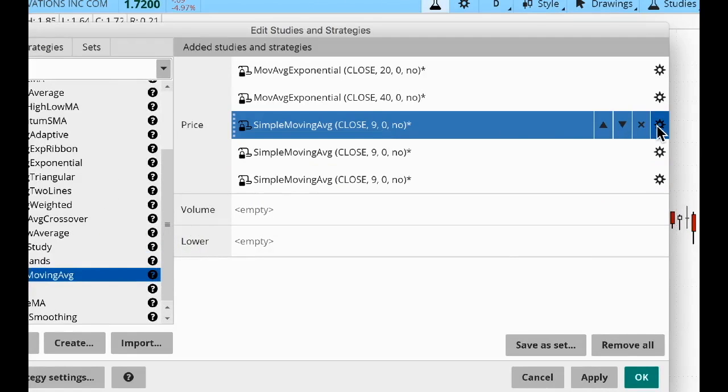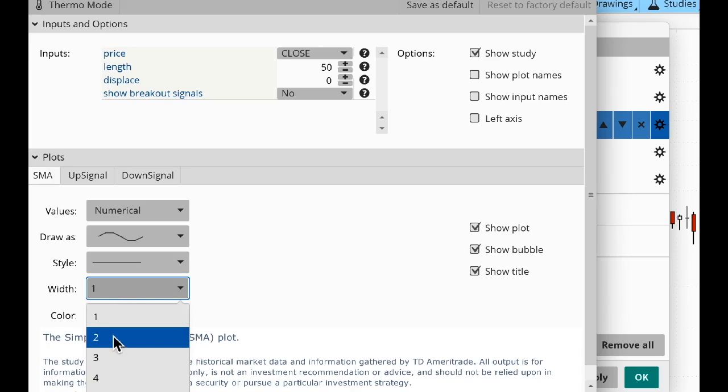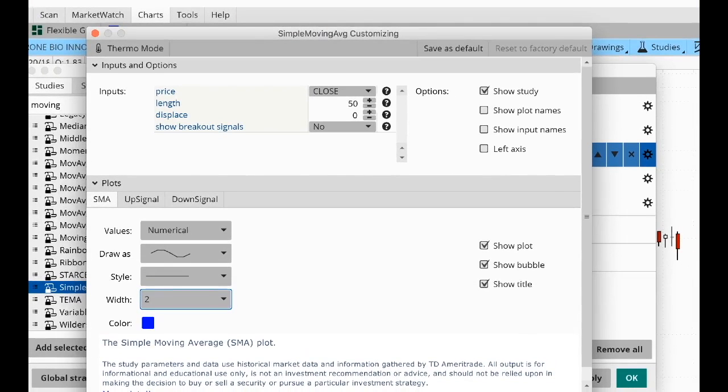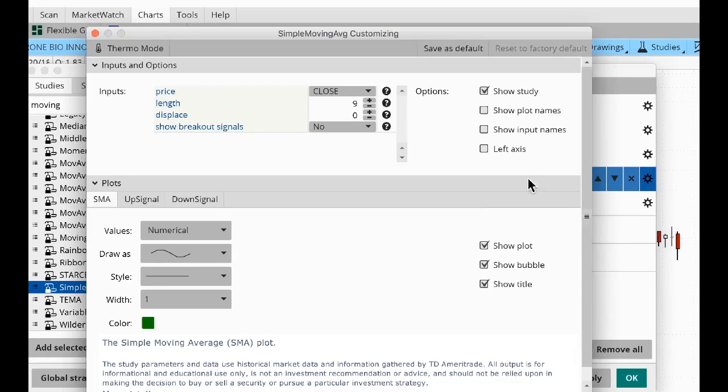So first one, I'm going to change to 50. And blue. And I'm going to change it to a thick line, like a width 2, so I don't get confused with the 40, which is the thin blue line. All right, and then next is the 150 moving average.